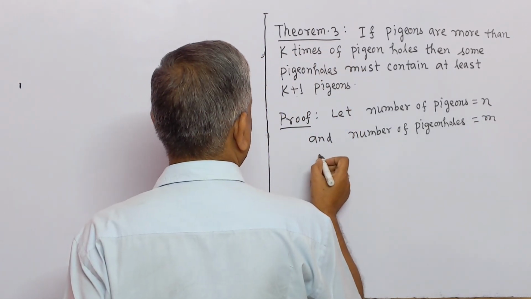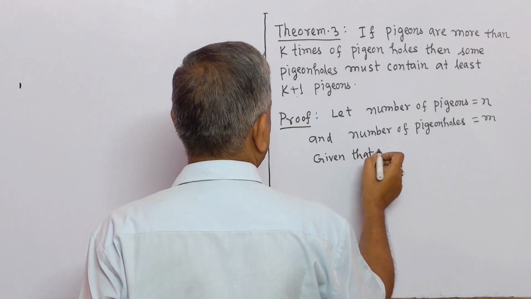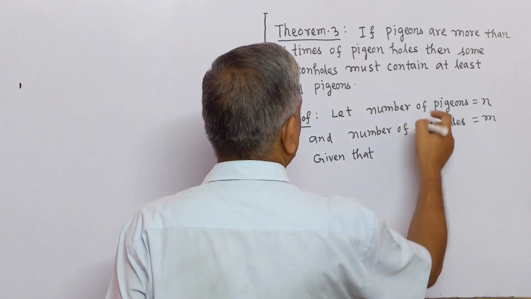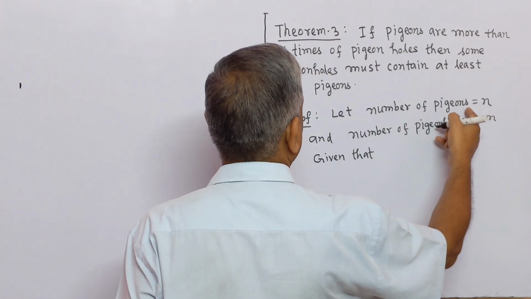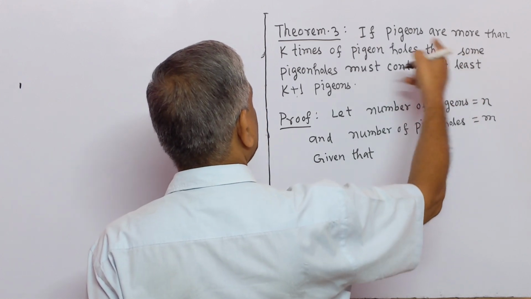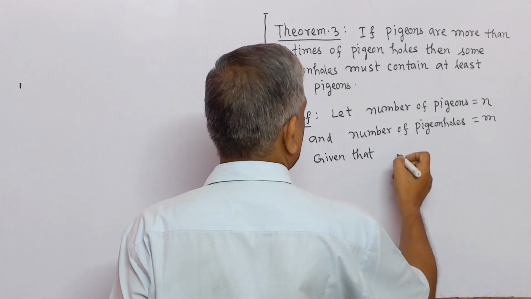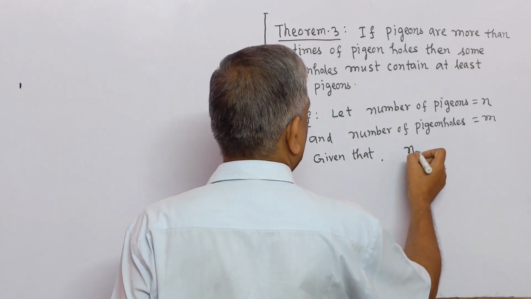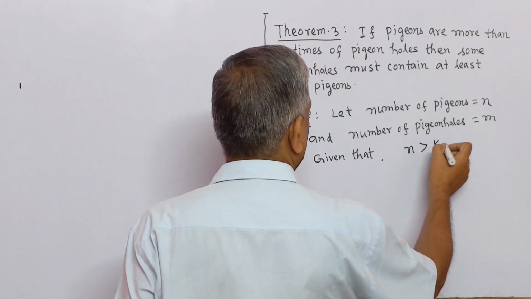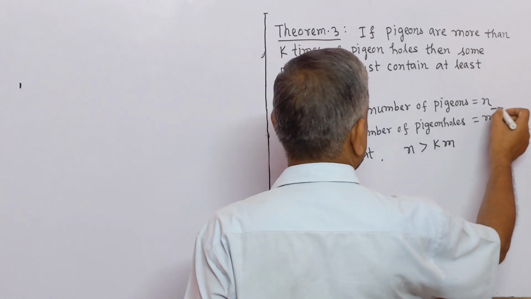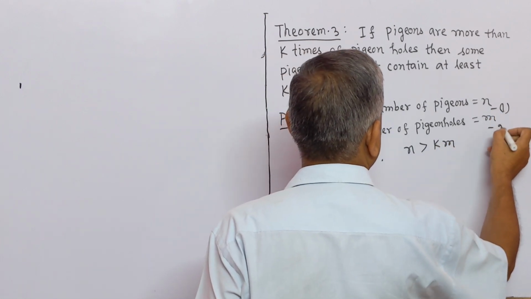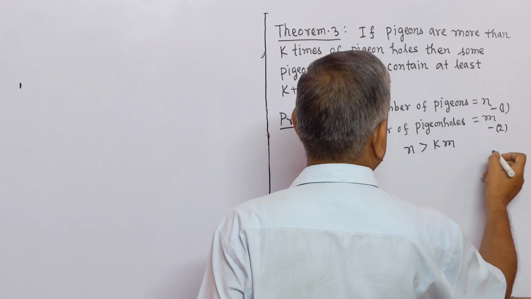Given that the number of pigeons is more than k times the number of pigeonholes, means n greater than km. This is number 1, this is number 2, this is number 3.